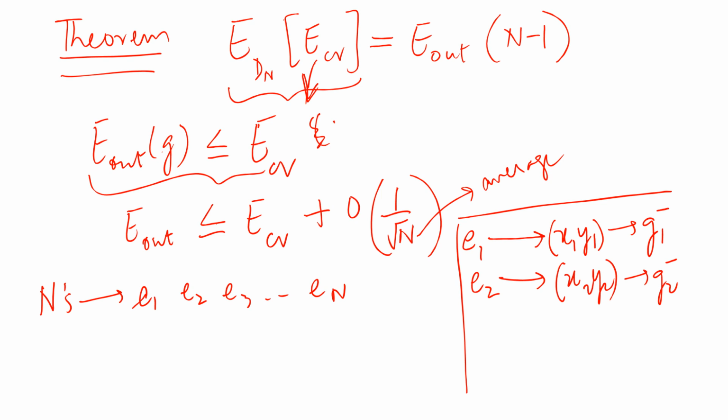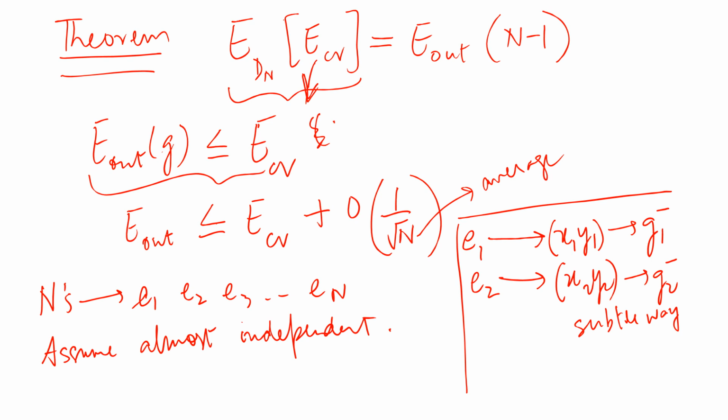So this depends on X1, Y1 as well, although in a subtle way. So they are not completely independent, and we assume that they are almost independent, but not completely independent. Okay, so overall, ECV, or the cross-validation error, is a good estimate of E out, because we are just using k equals 1, and this is one of the best known techniques in practice in order to get a reliable estimate of E out.